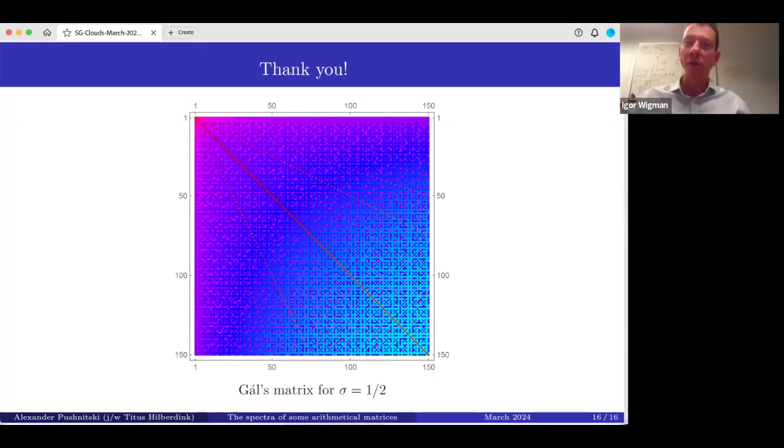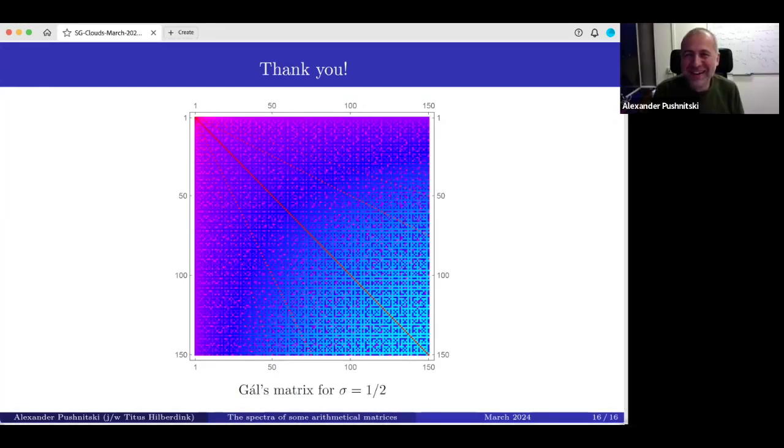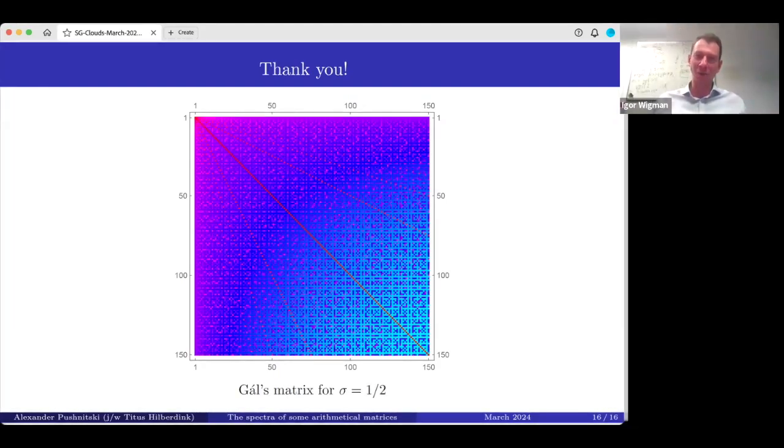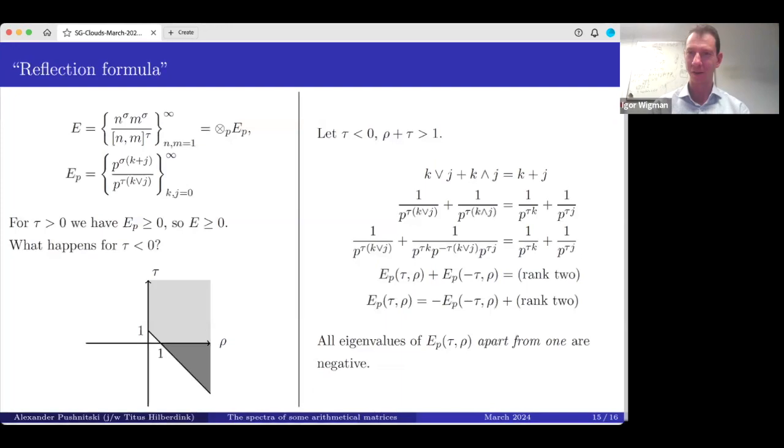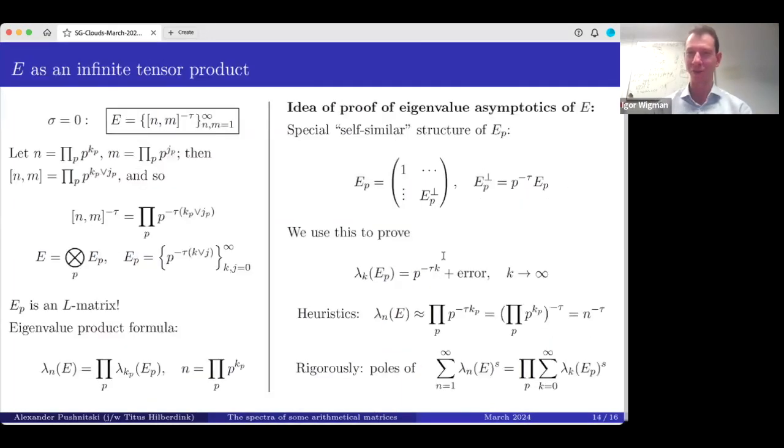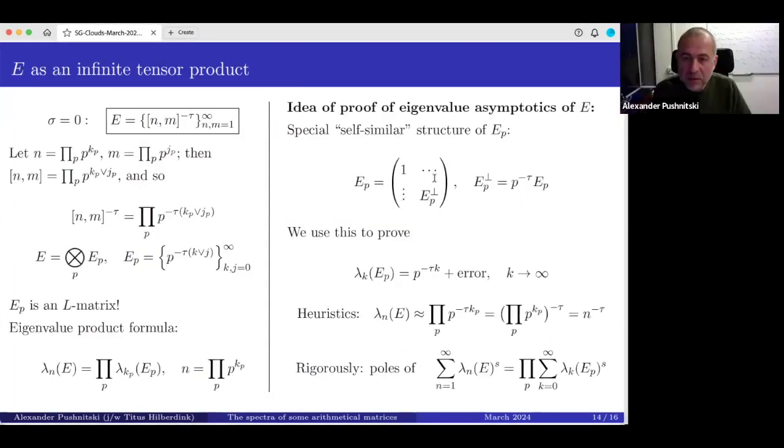So, can I make a question or comment? Yes, Igor. So in fact, it's like semi-question, semi-comment. As you pointed out, this is a very beautiful picture. And it looks a little bit fractal-like, and also your recursion looks a little bit fractal-like. Can these two be related? You mean this one? Yeah.